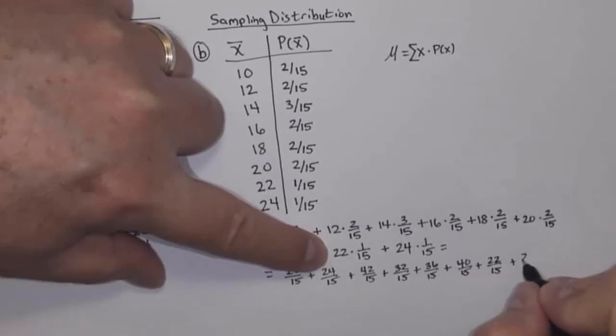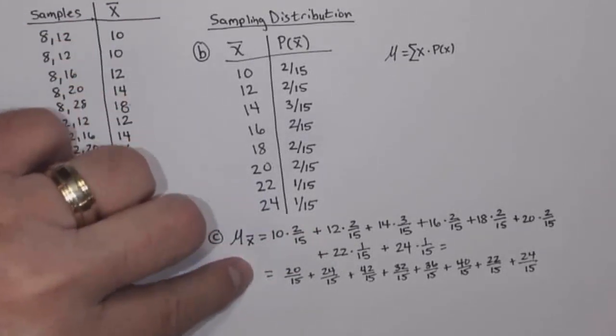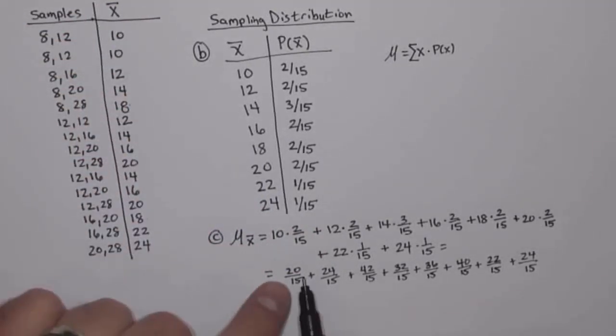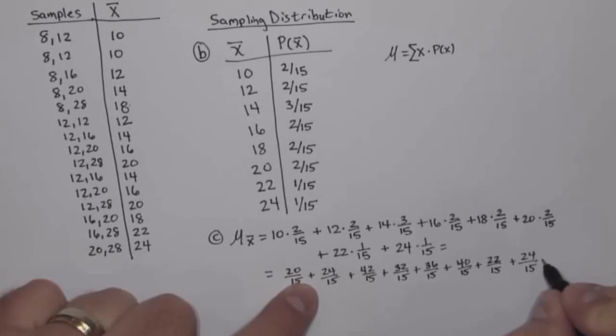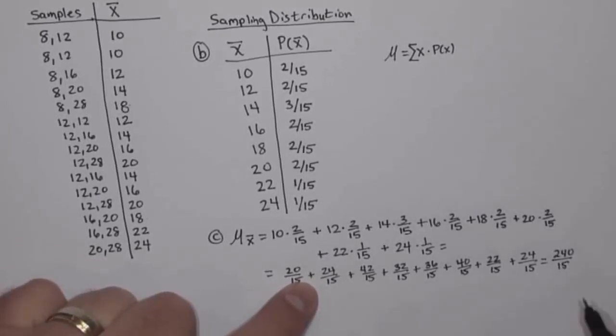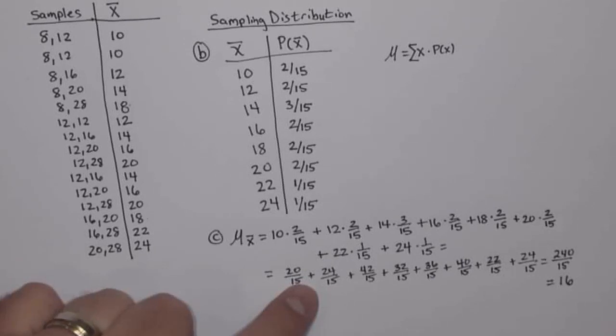And 24 times 1/15 will be 24/15. So if we add up 20 plus 24 plus 42 plus 32 plus 36 plus 40 plus 22 plus 24, that gives us 240 over 15. And 240 divided by 15 is 16.